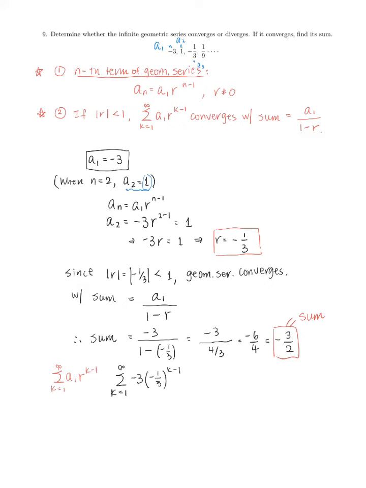All right, so that's going to be our geometric series. And since absolute value of r was 1/3, which is less than 1, you're able to compute the actual infinite sum, which is going to be -3 over 2.